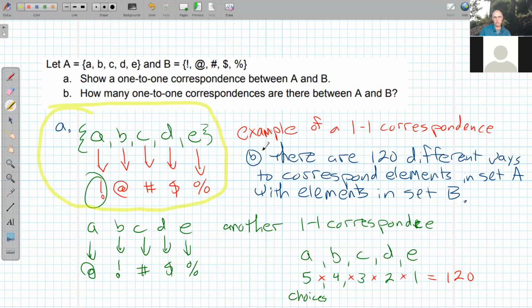So my answer is just this right here. And this is my work as to how I got that.